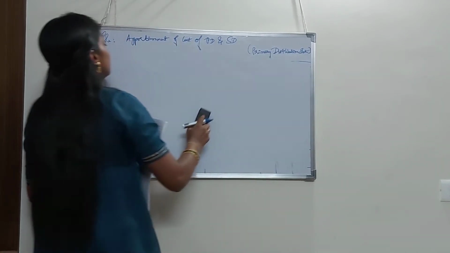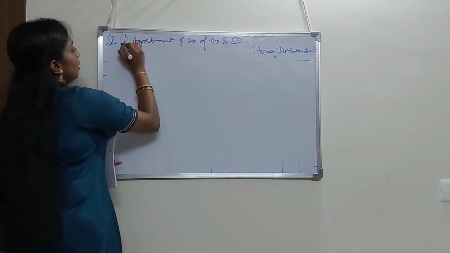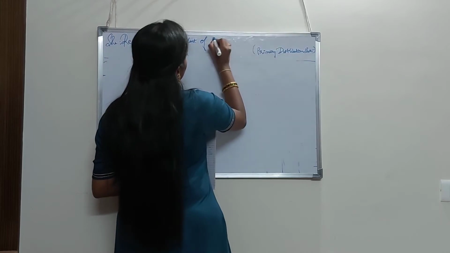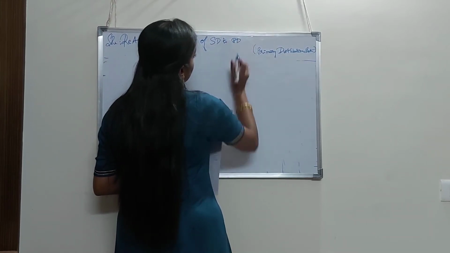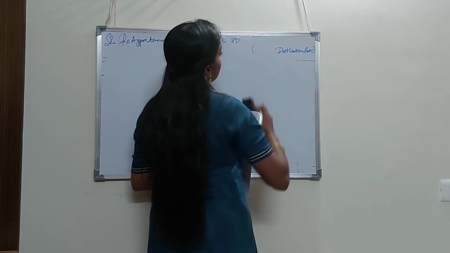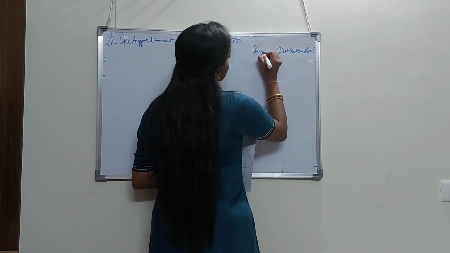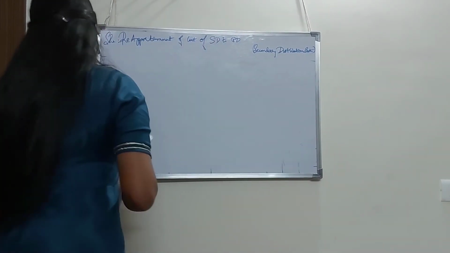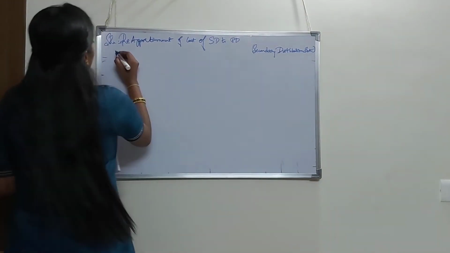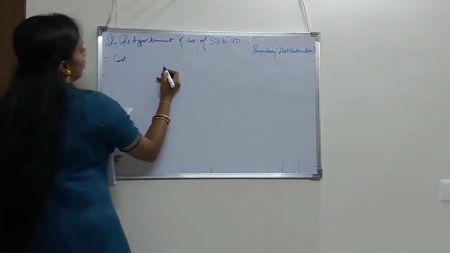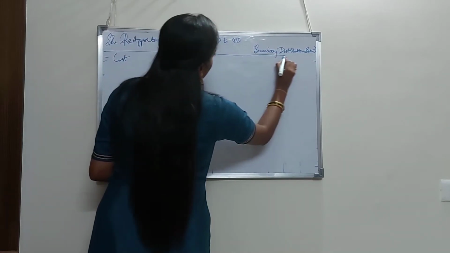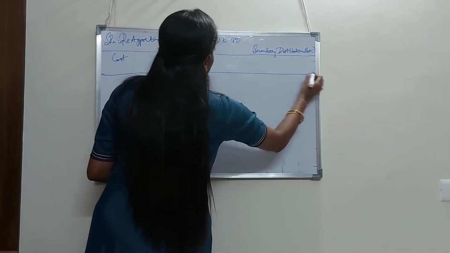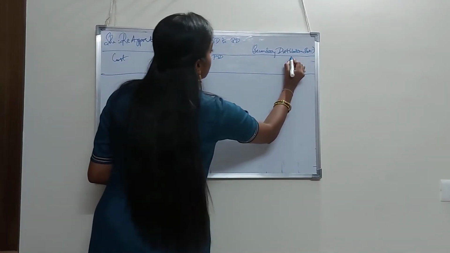So the second step would be reapportionment of cost of service department to production department, and the heading would be secondary distribution summary, and of course the columns would be costs, production department, service department.